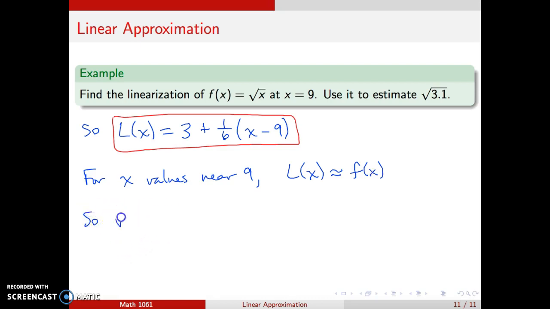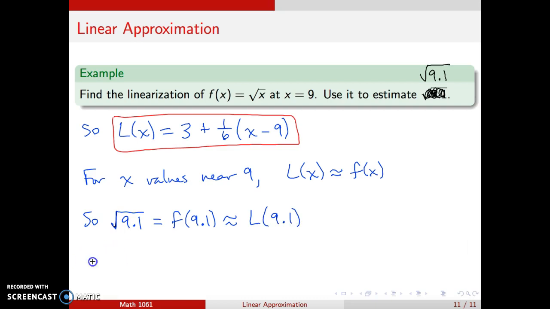Remember we wanted to do the square root of 9.1. I have to fix this slide as well, sorry for that. So the square root of 9.1, which equals f of 9.1, is approximately the same as L of 9.1.